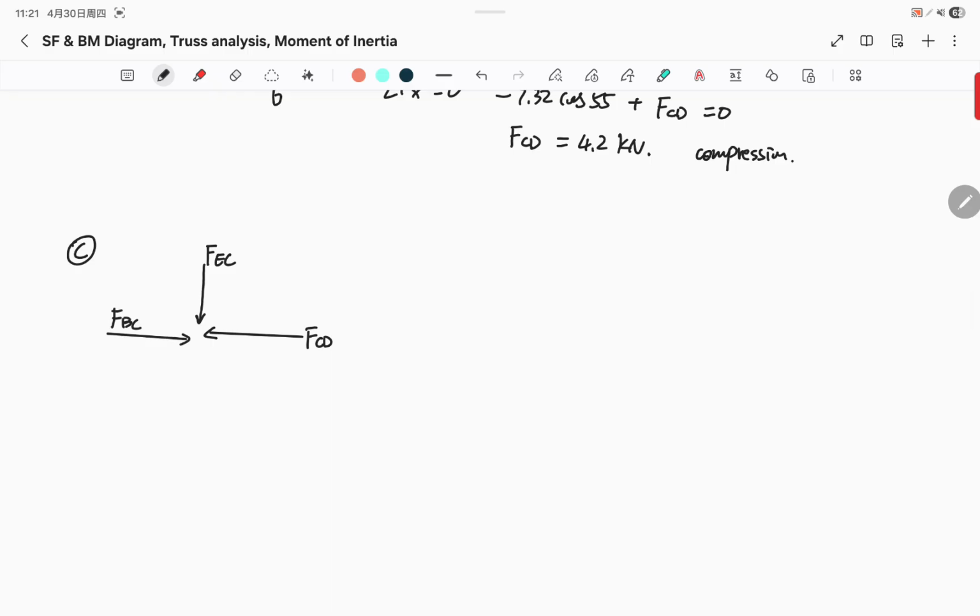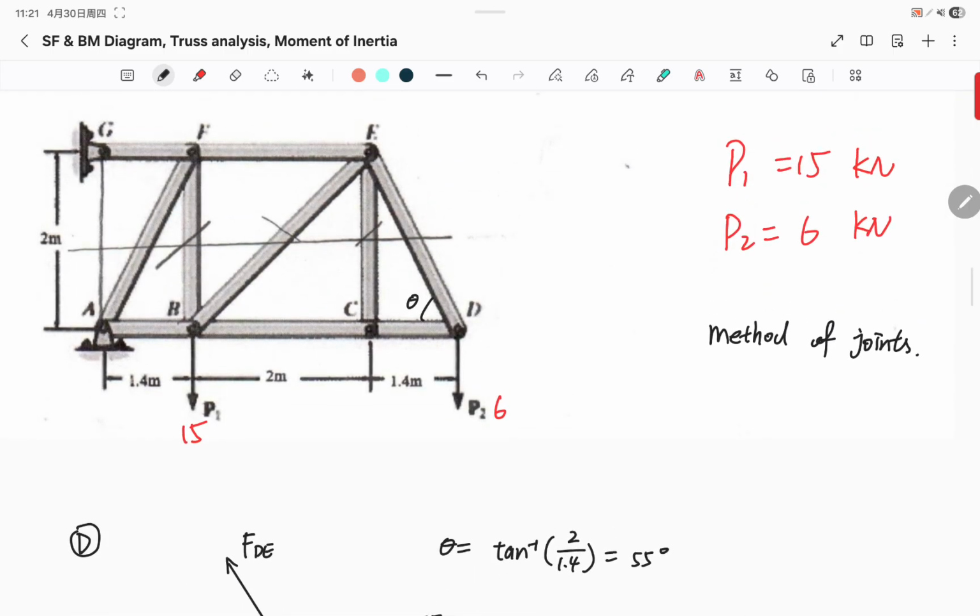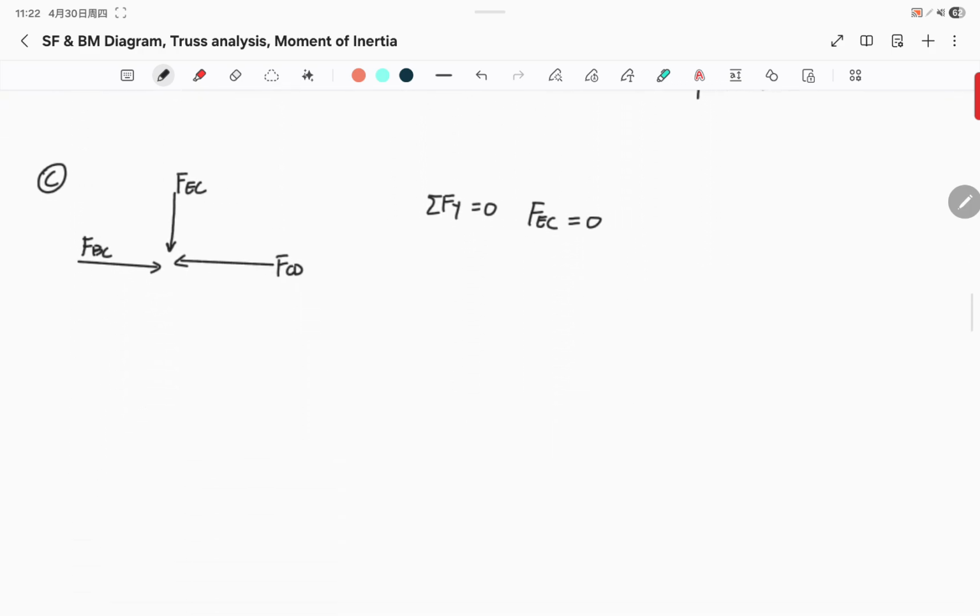Immediately, we can figure out that there's no force in the Y component, so FEC must be 0, because there's no force to balance this force. So this force is actually a 0 force member. It doesn't carry any force.